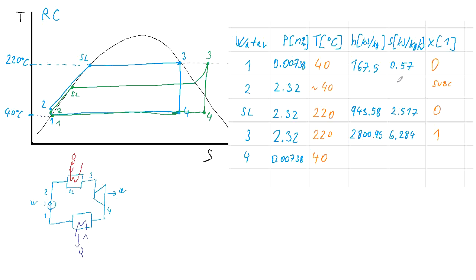Now, at point 2, after the pump, it's the ideal pump, so the entropy stays the same. And if we have the thermodynamic functions, we can directly get the entropy and pressure to get the enthalpy.